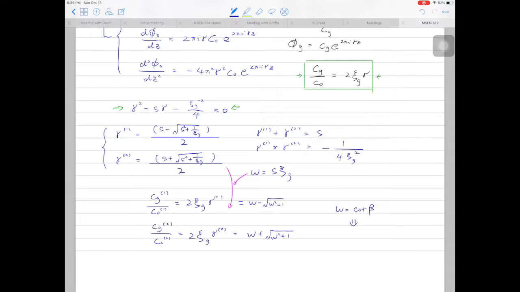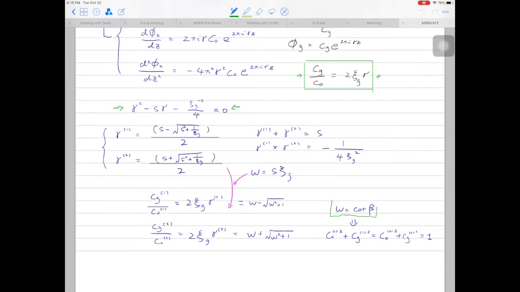By doing this, we place a constraint that c naught 1 squared plus cg 1 squared is equal to c naught 2 squared plus cg 2 squared, which is equal to 1.